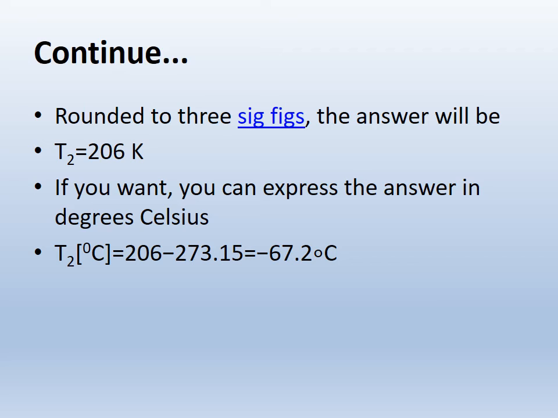You will subtract 273.15 from it, then you will obtain it in degree Celsius. So when you convert your answer 206 by subtracting 273.15, you will obtain your answer, minus 67.2 degrees Celsius.